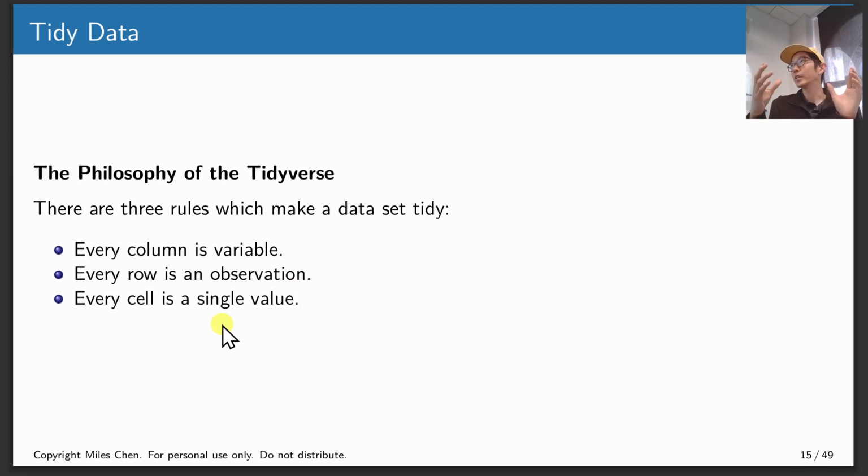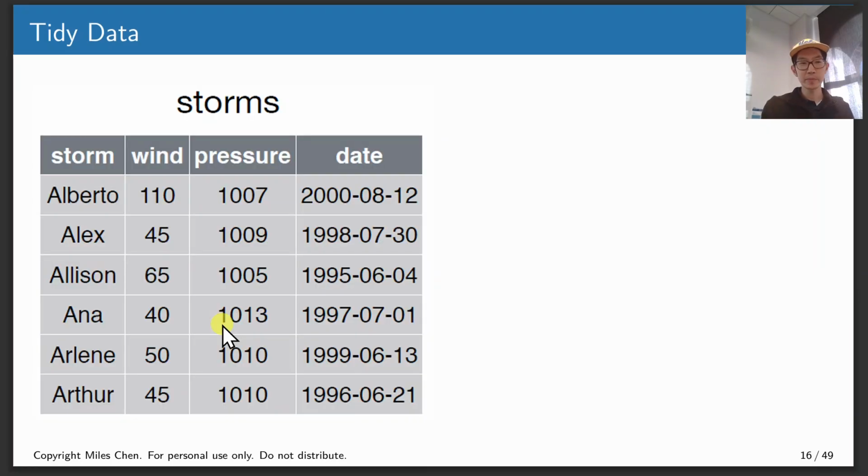That is still within the philosophy of the tibble, but you have to explicitly tell R and the tibbles that this is the form you want, to contain multiple values within a single cell.